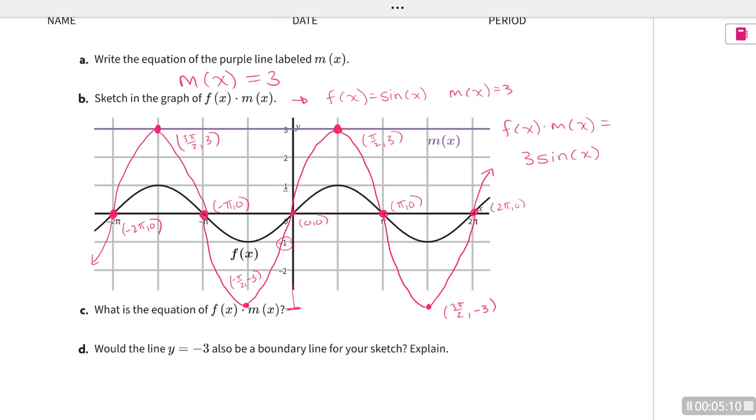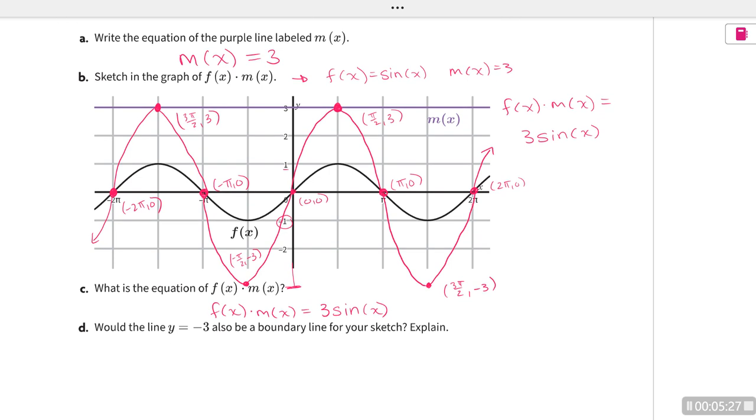So it says write the equation of f of x times m of x. Oh, well, we already did that off to the side. We get f of x times m of x equals 3 sine of x. Okay. Would the line y equals 3 also be a boundary line for your sketch? Yes, it would.